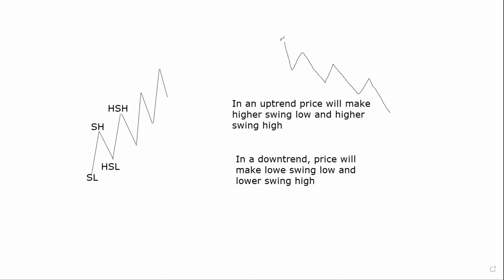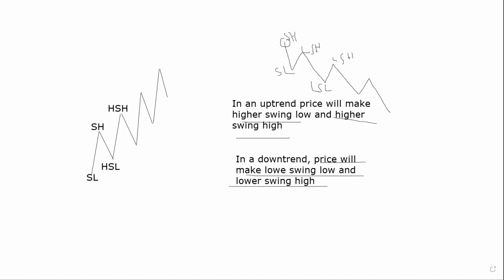This is high, swing high. This is swing low. This is lower swing high. This one is lower swing low. Lower swing high. Can you see the pattern? So in a downtrend, the price will make lower swing low and lower swing high. In an uptrend, the price will make higher swing low and higher swing high.